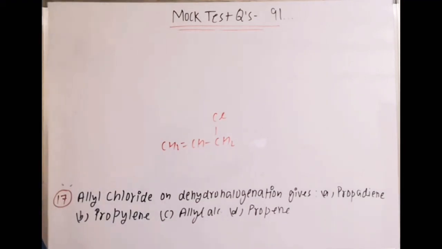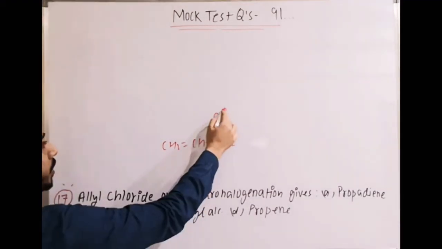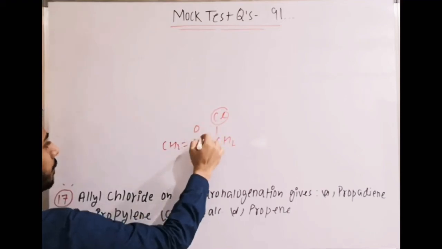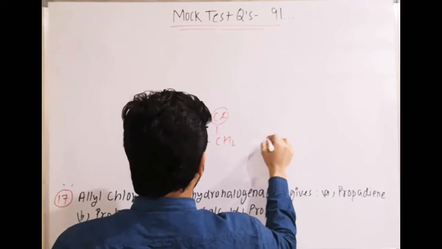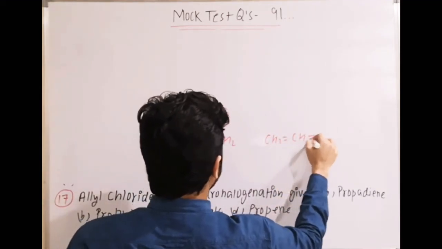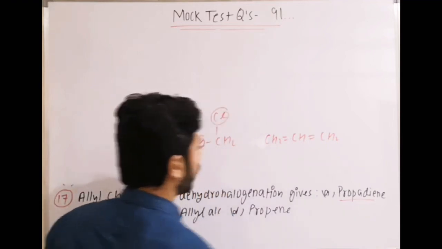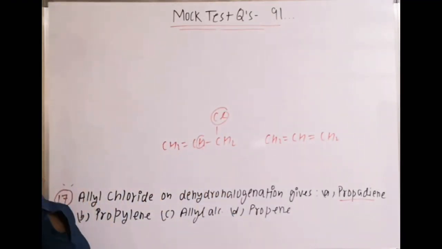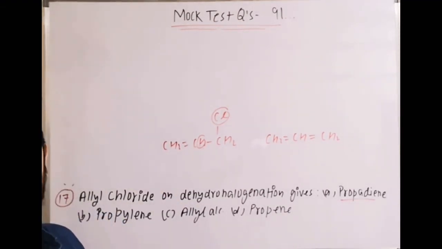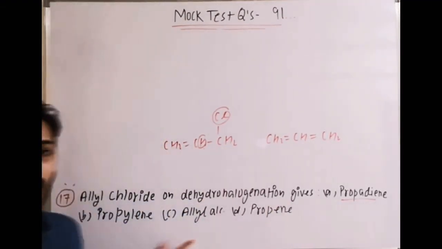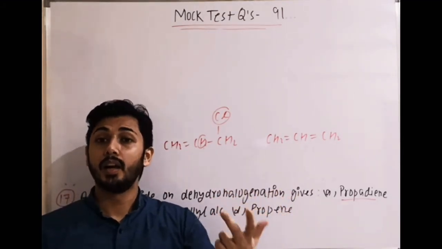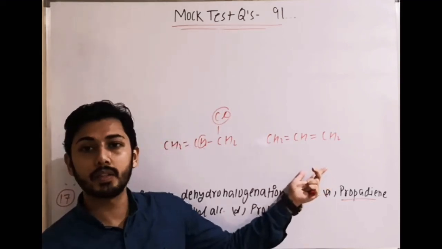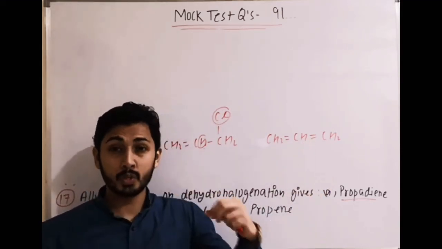We know that it is allylic, it is dehydrohalogenation, Cl will leave, H will leave, and we get the product CH2=C=CH2, which is propadiene undoubtedly. But here one option given is propylene also, and there is information that propylene isomerizes to propyne as well. Why? Because thermodynamically propyne is more stable. Energy difference is there, again pure information. By logic it should be the answer, but the reason given is only propylene.